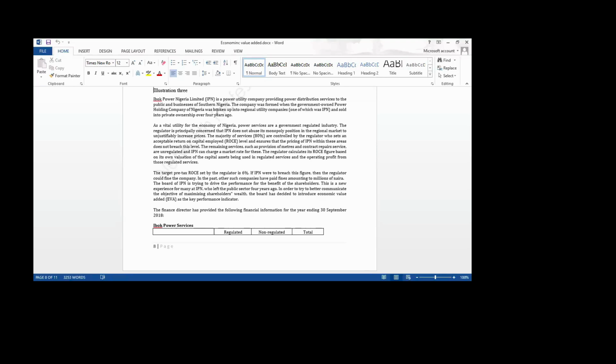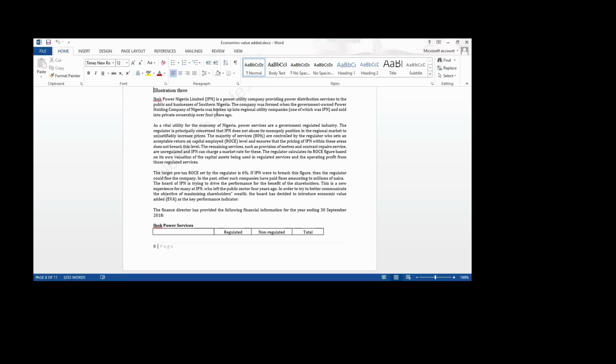Remaining services, such as provision of meters and contract repair service, are unregulated, and IPN can charge a market rate for this. The regulator calculates its ROCE figure based on its own valuation of the capital assets being used in the regulated service and the operating profits for those regulated services.